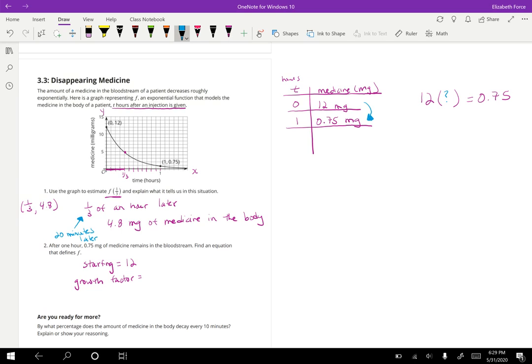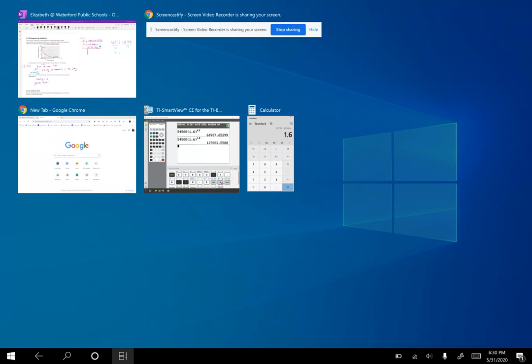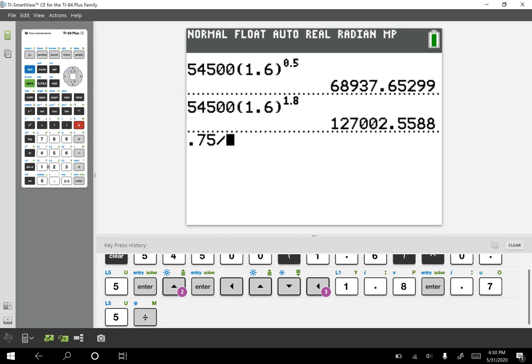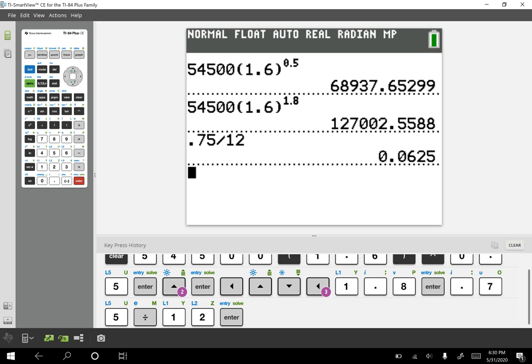So if we divide both sides by 12, or you take a y value and divide it by its previous amount, you'll always figure out your growth factor. So the answer to our question is whatever 0.75 divided by 12 is. Here we go, calculator. 0.75 divided by 12 is going to give me a growth factor of 0.0625.